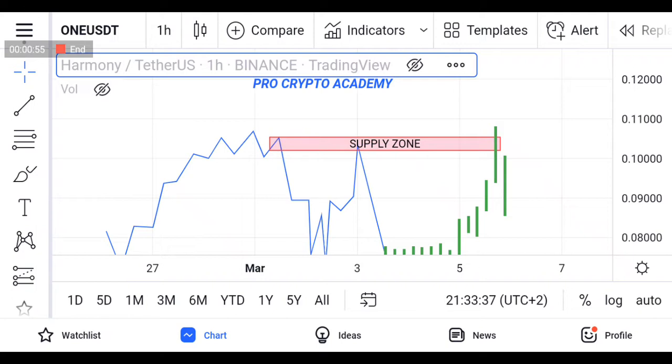Okay, so a supply zone. Let me start like this. As we know, the market is not controlled by us as retail traders. We don't control the market. There are high players of the market who control its movement. They have their targets, where they want to buy and where they want to sell.